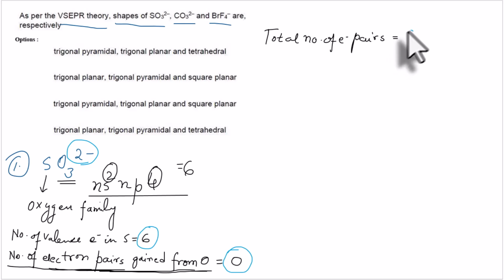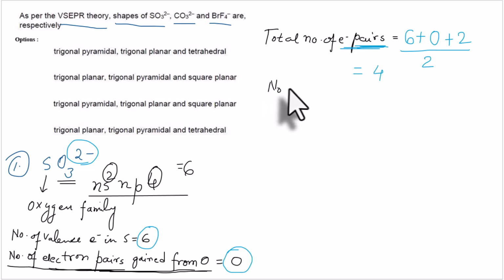So we add 6, the valence electrons in the central atom sulfur, then the electrons gained from oxygen, which is 0, and then the 2 negative charges. This is divided by 2 because we require electron pairs. We have 4 electron pairs.